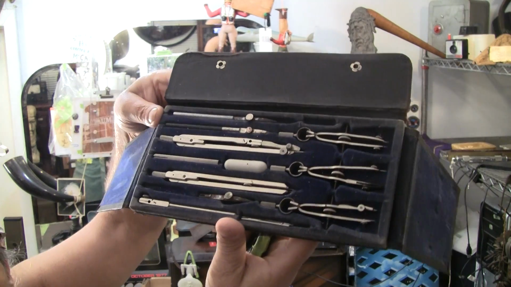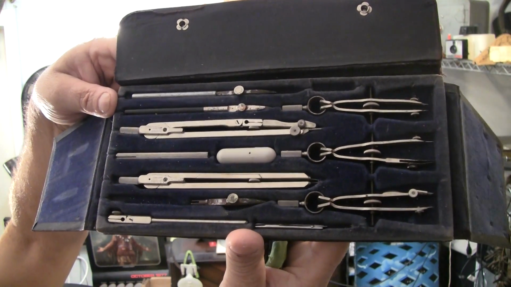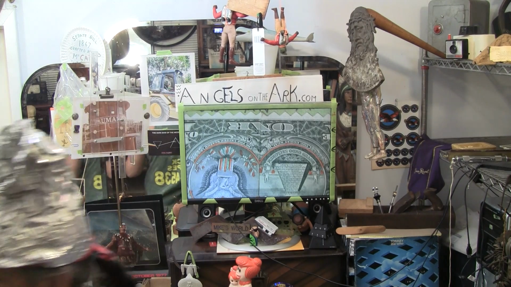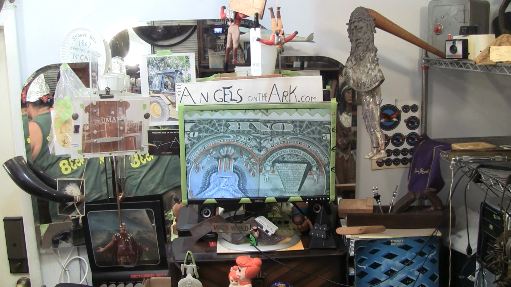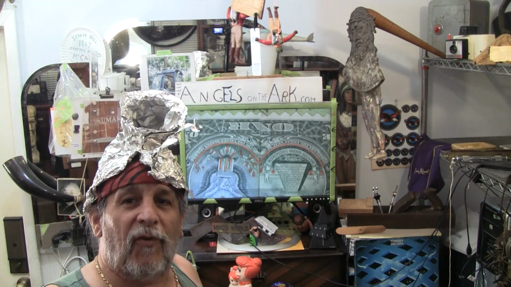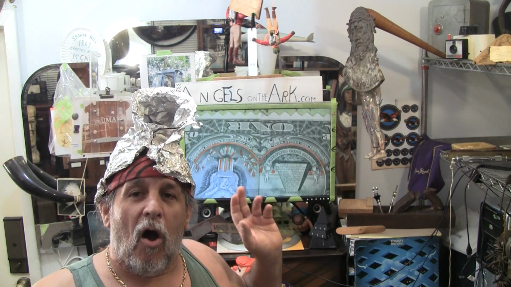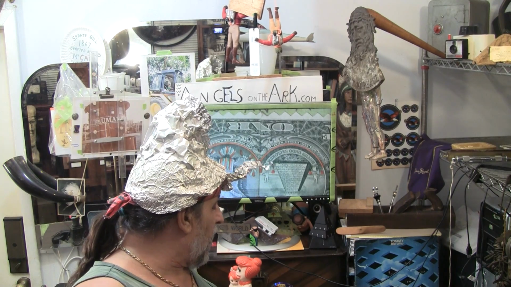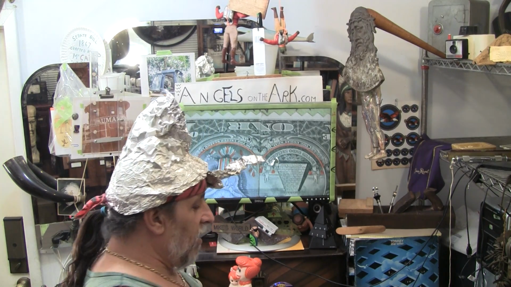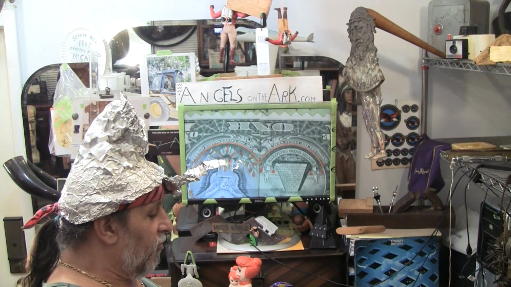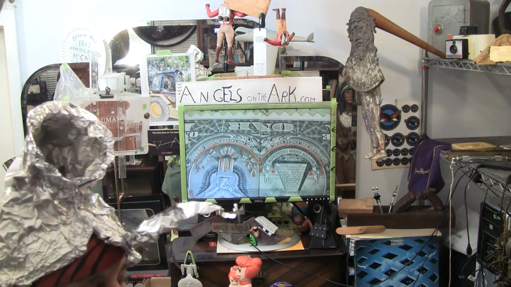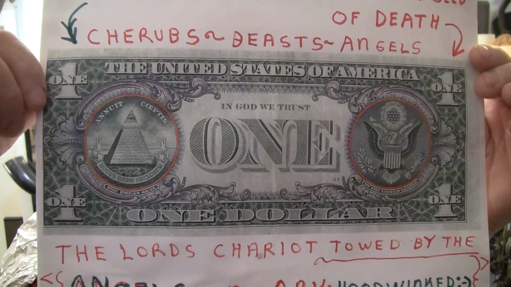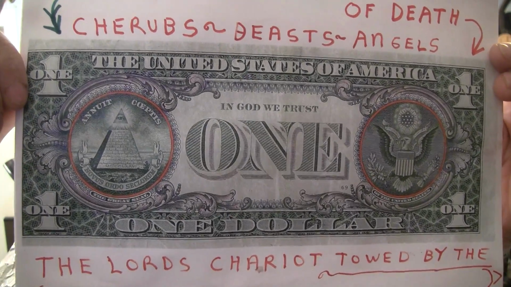I show you to within 1/10,000th of an inch that the pictography on the reverse of the $1 bill represents a perfect 2-scale Ark of the Covenant. That's right, ladies and gentlemen, this being the Ark of the Covenant itself that was towed through the heavens by the angels that appear on the ends of the Ark of the Covenant, as spoken about in the book of Exodus.